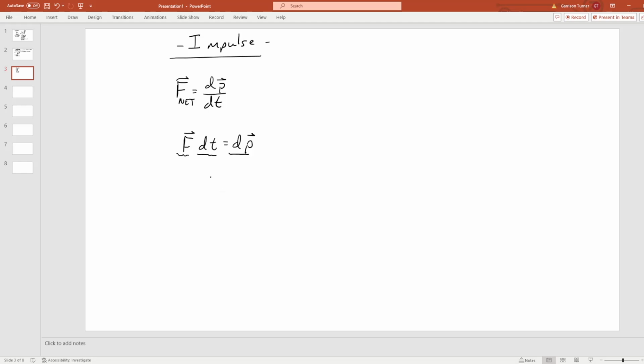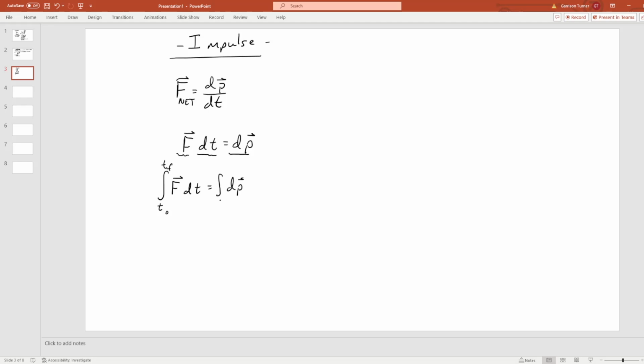But if you go for a full time interval, some finite time interval, then you have to integrate this. So the left-hand side is going to be integrated from whatever your initial time is. Most of the time that'll be 0 to some final time.